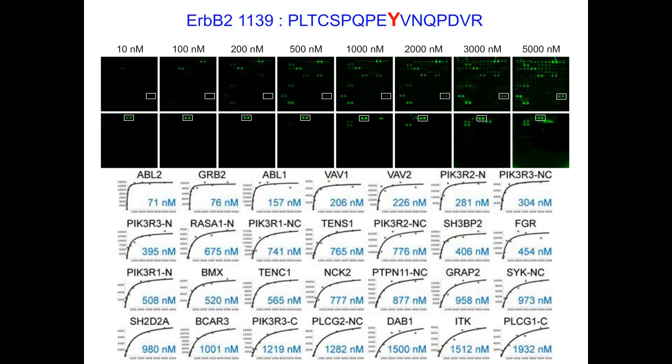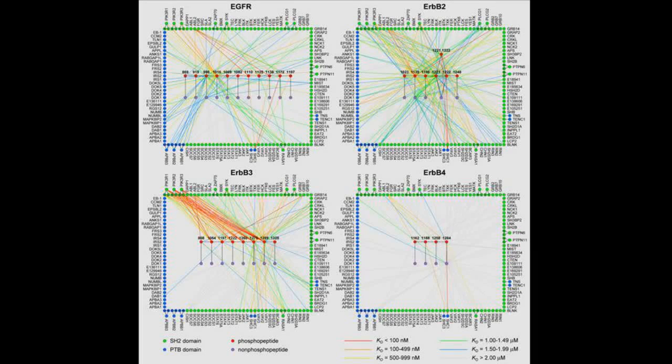Because this was all done in an automated manner in terms of the liquid handling and the data extraction via image analysis, we were able to quickly characterize the binding potentials of all 150 of the putative phosphotyrosine binding proteins in the human genome.